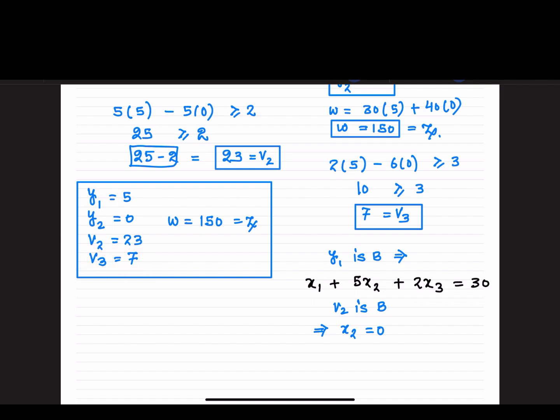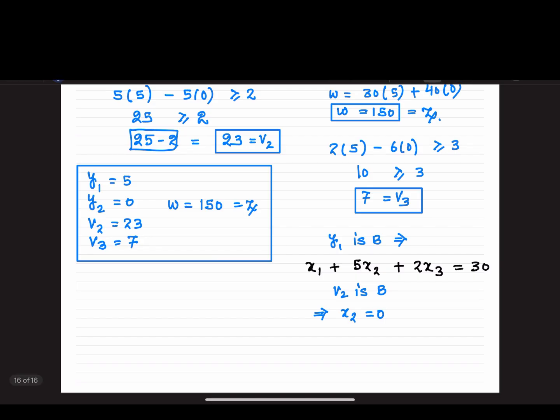That means this is also basic. That means v3 is basic. This implies x3 is also 0. So we have got the value for x2. We have got the value for x3. And if we plug in these two values in this equation, this term vanishes, this term vanishes. We get the value for x1 as 30.